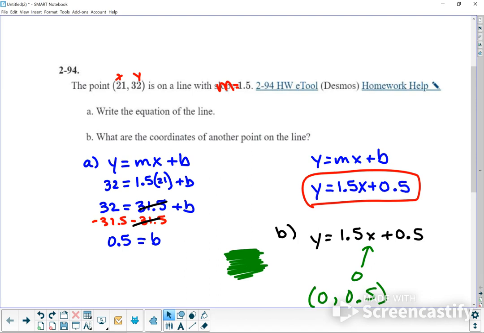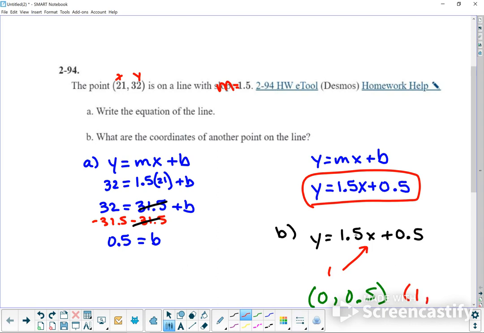Another one is, let's put in 1. So when x is 1, 1 times 1.5 is 1.5, and then 1.5 plus 0.5.